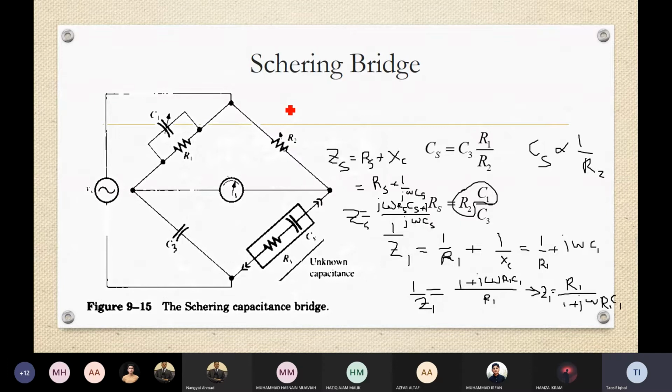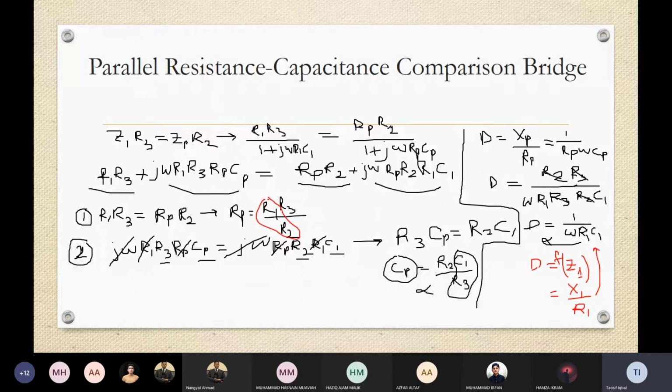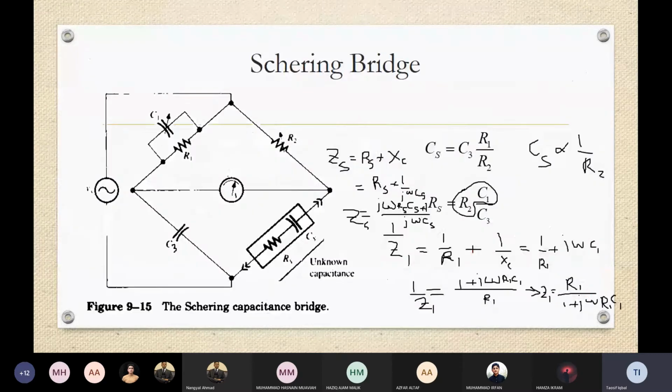So then we can use other bridges like the sharing bridge. In this case, we can use the previous scenario, just like the parallel RC comparison bridge, but there are a few modifications.